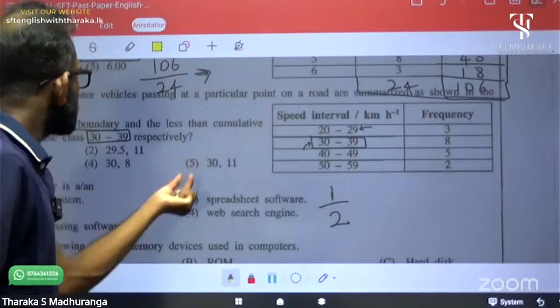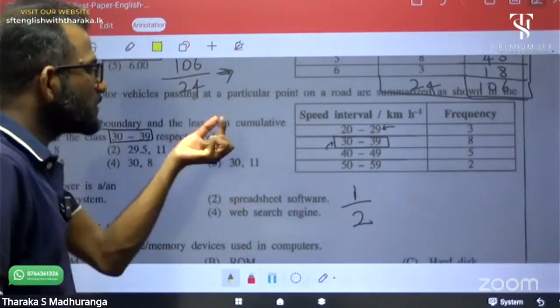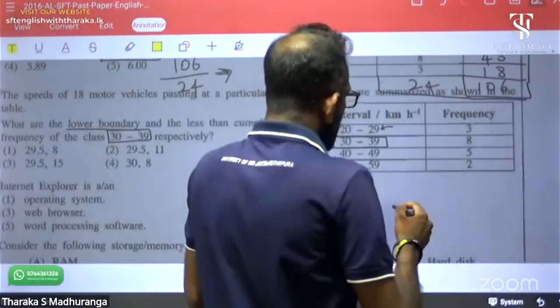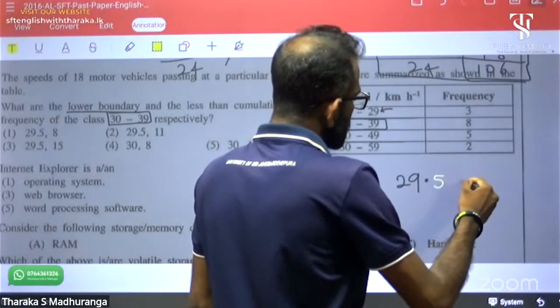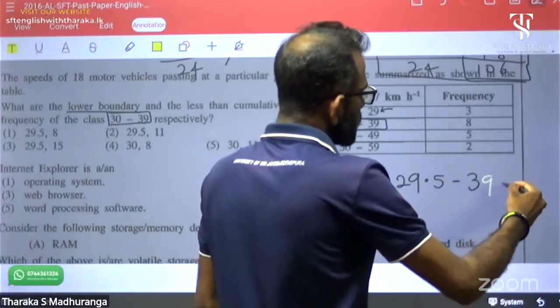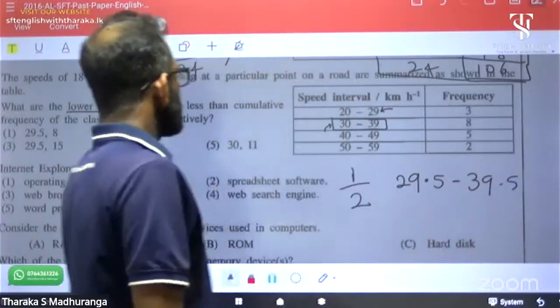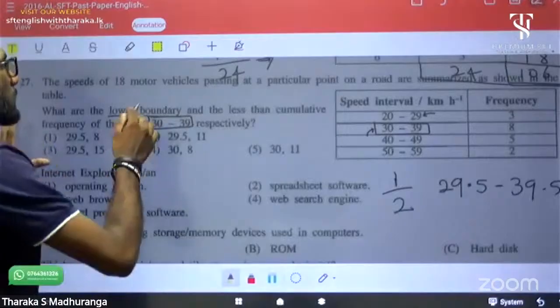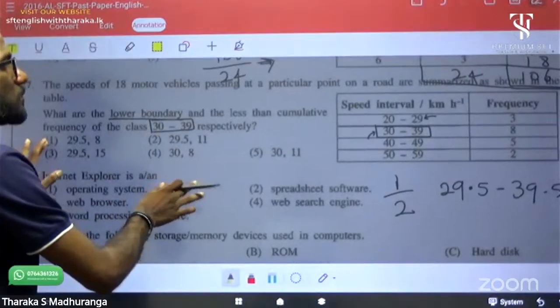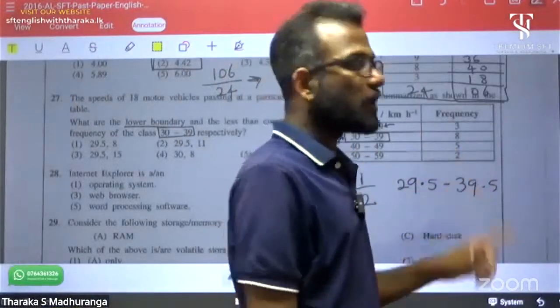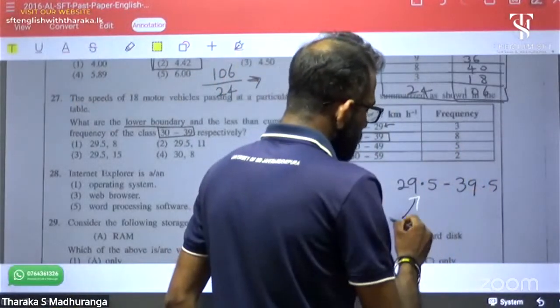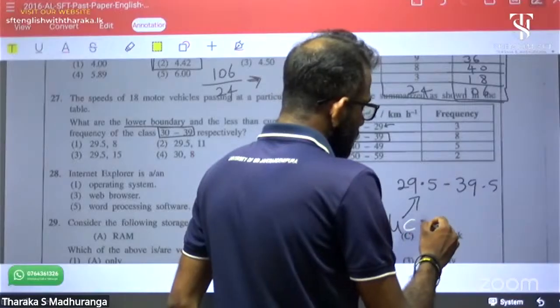Okay, for the 30-39 group, that means the second group, the class boundaries are 29.5 and 39.5. The question asks, what is the lower class boundary? It is 29.5. The 39.5 is the upper class boundary, UCB.